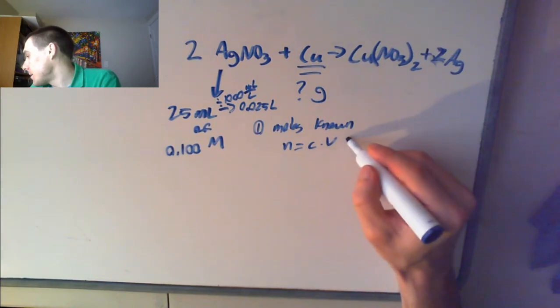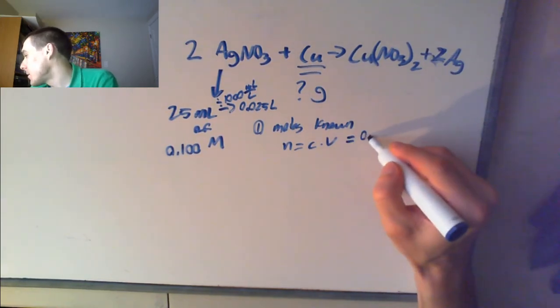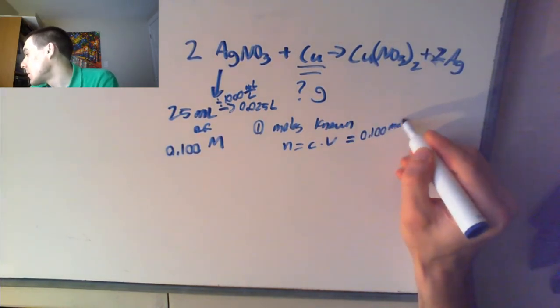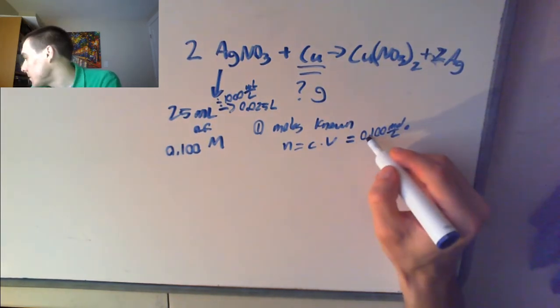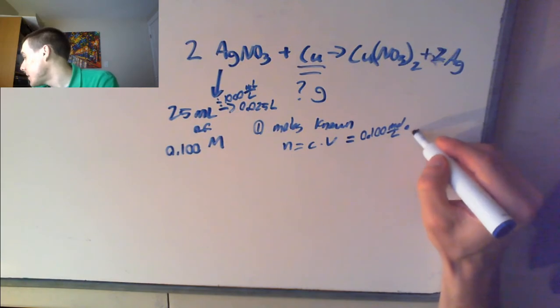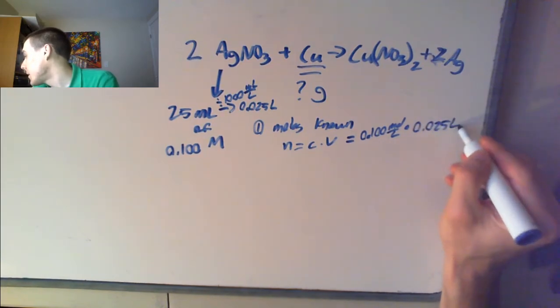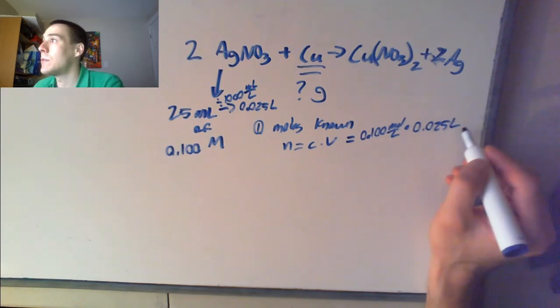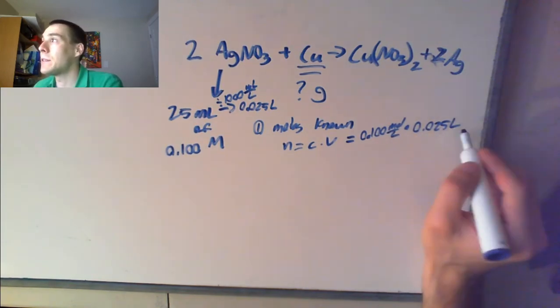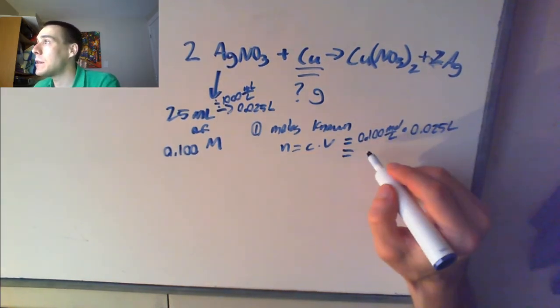And so that's going to be concentration, 0.100 moles per liter, times, and again, this is why unit consistency is important, 0.025 liters. You want to be able to cancel liters and liters. That's why we can't be in milliliters.